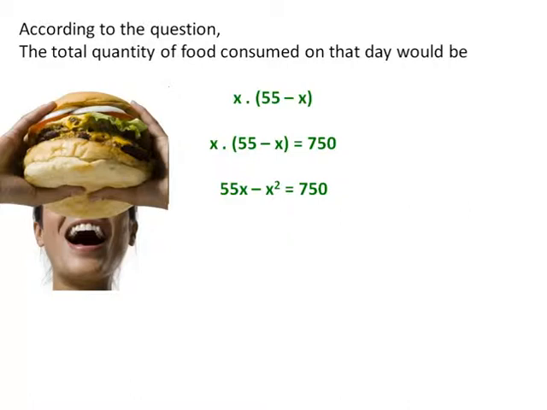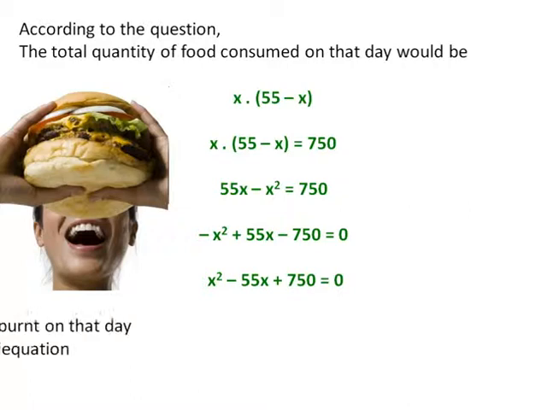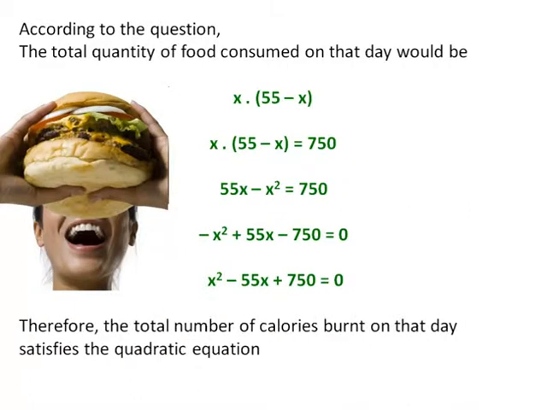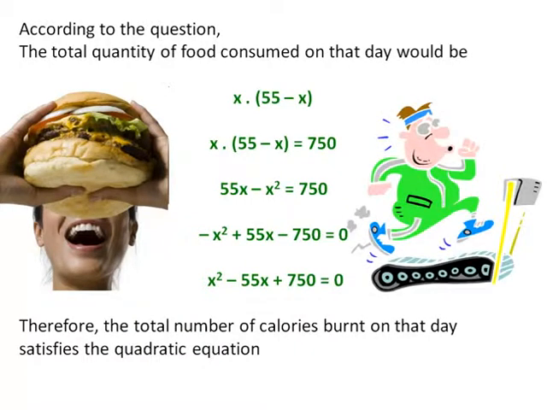Taking 750 on the left hand side, I get minus x square plus 55x minus 750 equal to 0. If you observe, I arrange the terms in descending order of the degree of x. Multiplying the whole equation by minus 1, I get x square minus 55x plus 750 equal to 0. Therefore, the total number of calories burnt on that day satisfies the quadratic equation x square minus 55x plus 750 equal to 0.